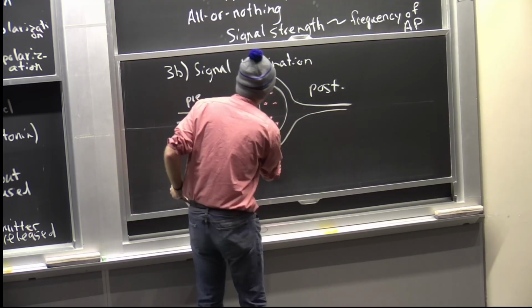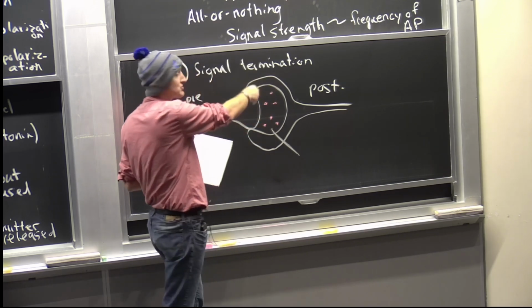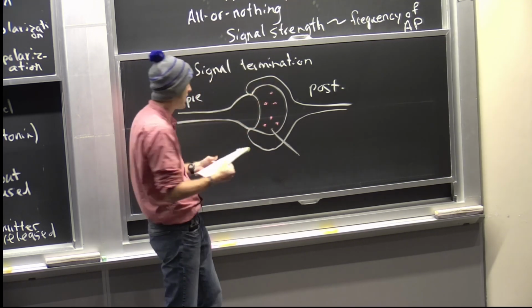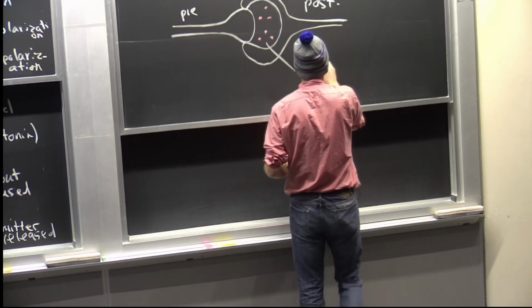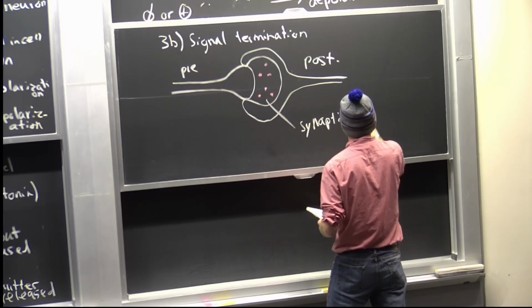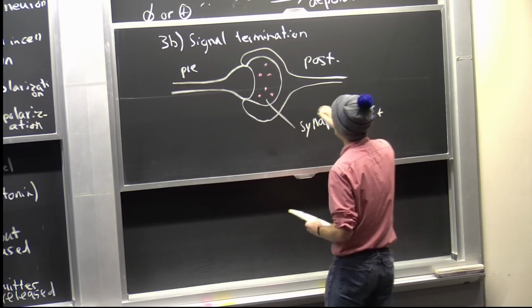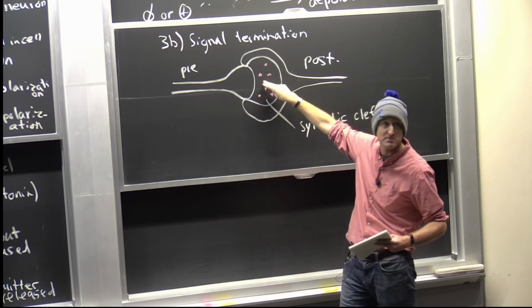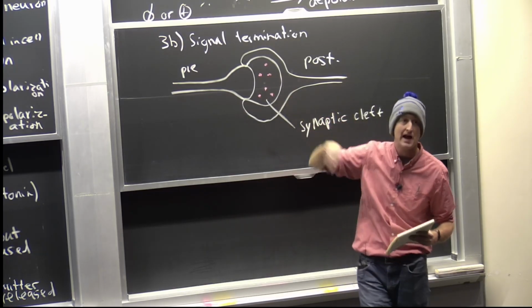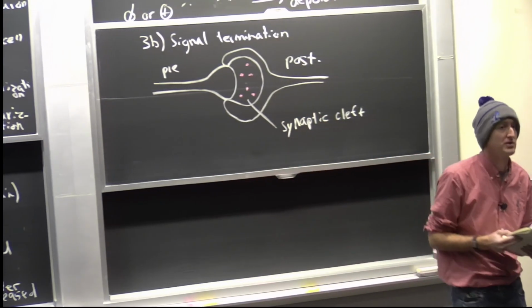Okay, the extracellular region between these two neurons is called the synaptic cleft. So now the cell just dumped a whole lot of neurotransmitter into the synaptic cleft, right? How is it going to turn this off? What does it have to do?